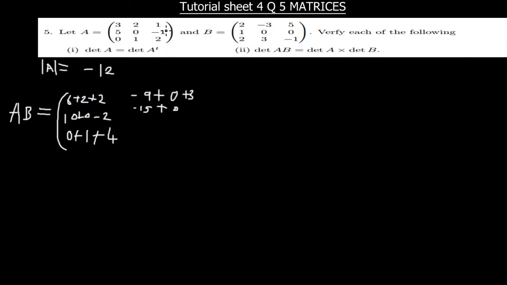And then negative 1 times 3, you get your negative 3 there. And then 0 times negative 3, you get your 0. And then 1 times 0, you get your 0. And then 2 times 3, you get your 6.